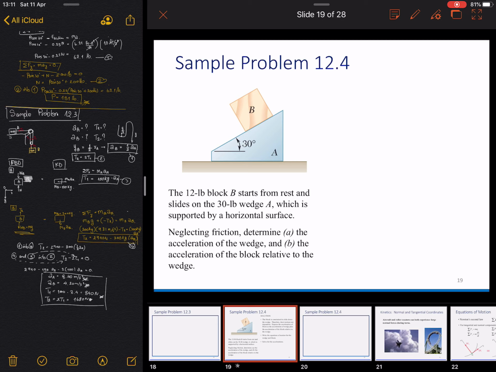And please also highlight this: no friction. Part A, find the acceleration of the weight, and part B, the acceleration of the block relative to the weight A.